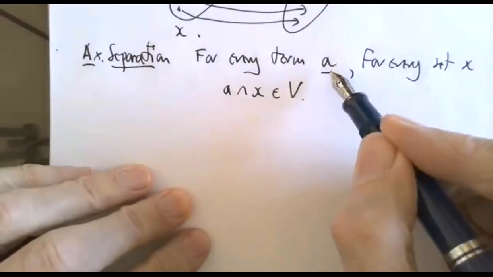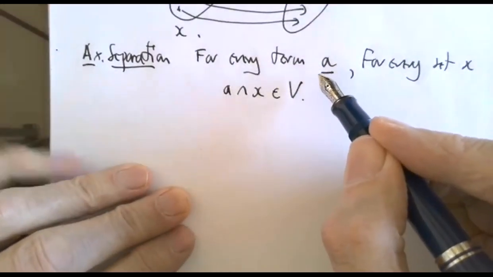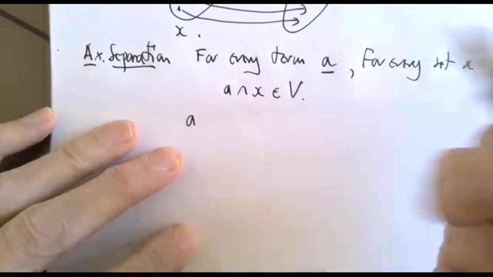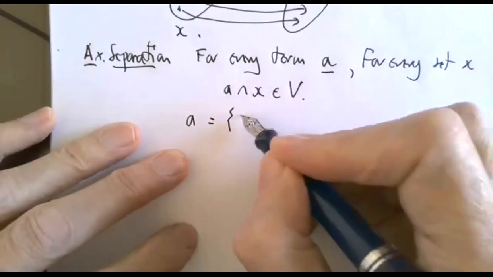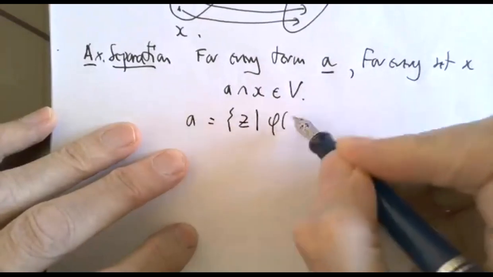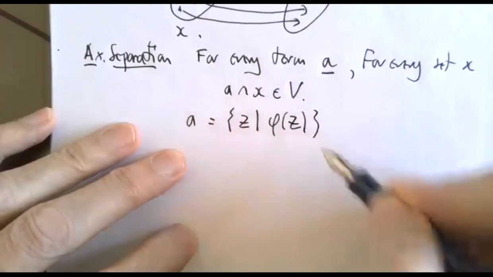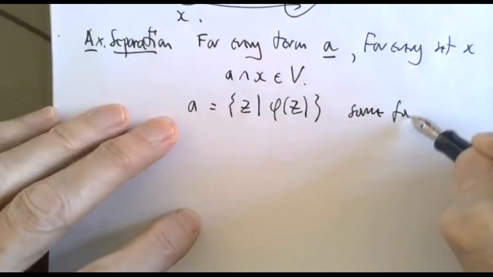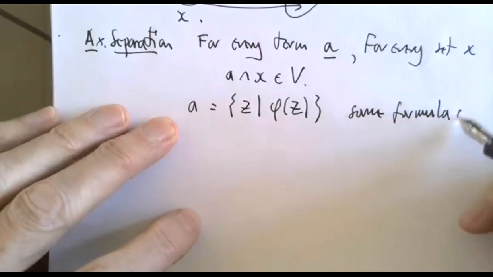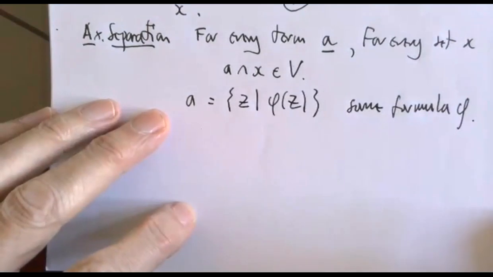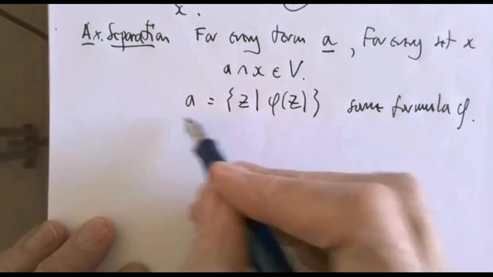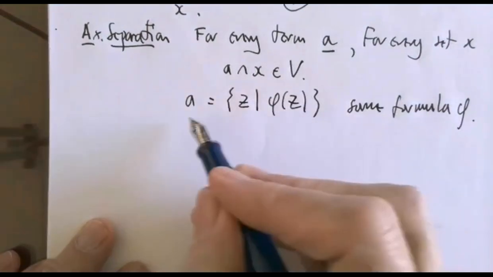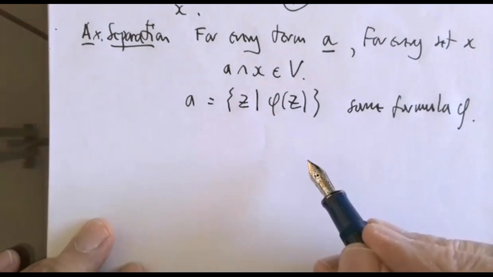So here the point is that I think of a term here, what is A? It's going to be the collection of Z's such that phi of Z holds, for some formula phi. So this is what terms look like.